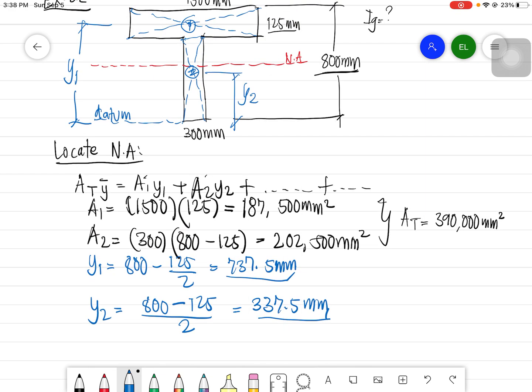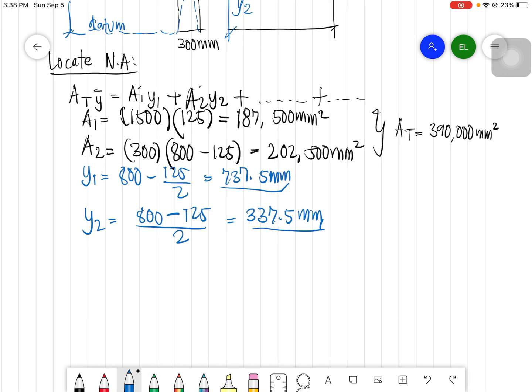Just try to imagine it here on the figure, guys. 800 then minus half, half of hf over 2. We will deduct that one. That is for y1 and y2.